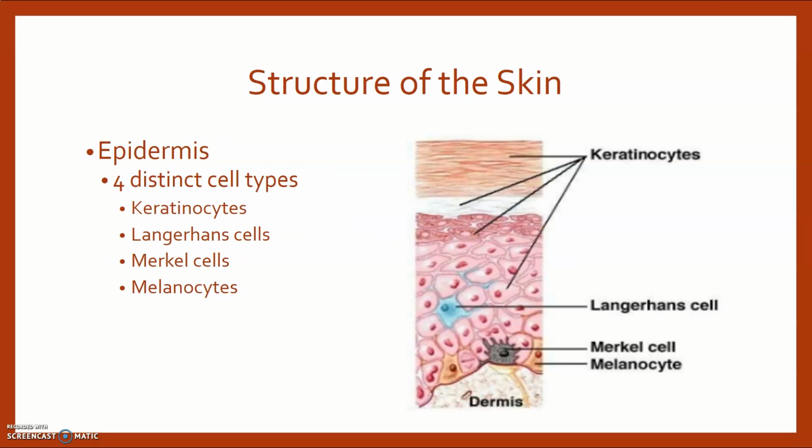So now that we've looked at the different layers of the epidermis, we're now going to discuss 4 distinct cell types. Those types are keratinocytes, Langerhans cells, Merkel cells, and melanocytes.